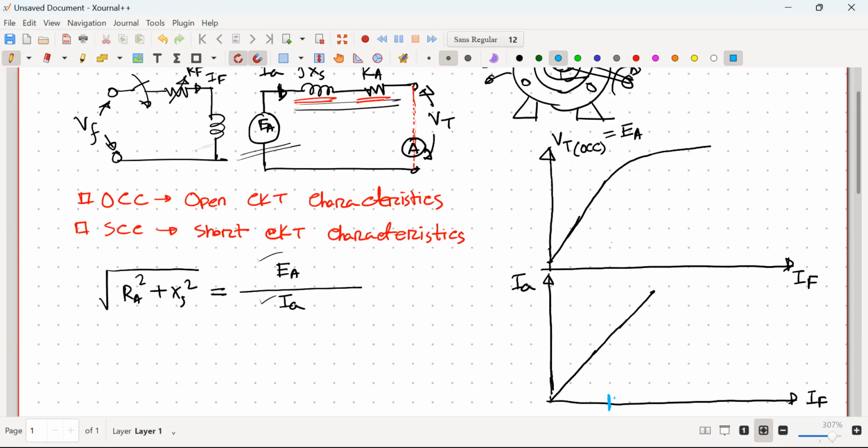So whenever current reaches the rated current, we'll stop increasing IF. That rated current is much less than the saturated current. That's why you will not be able to see that saturated condition. If you want to see that, your windings will be burnt. That is the problem. That's why you won't be able to go up to saturated condition.